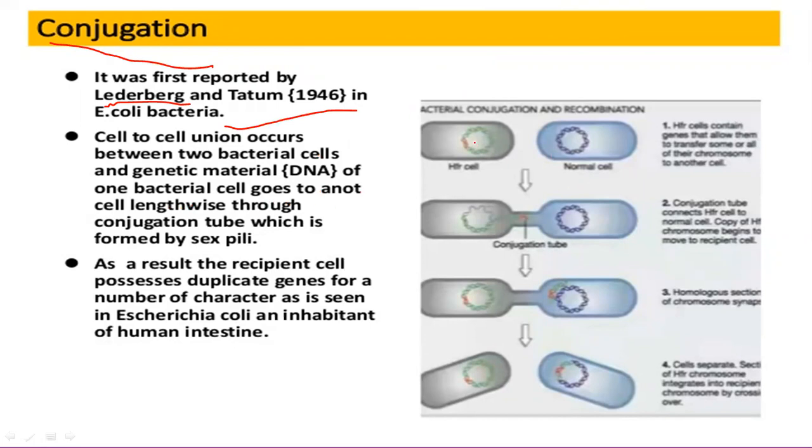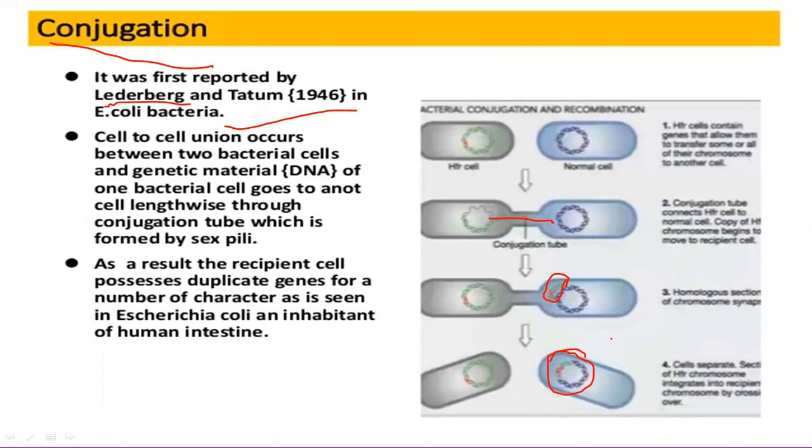You can see here one cell and another normal cell, and the conjugation occurs: a part of the cell moves from here and is incorporated into this cell. Now the DNA has changed, and its genetic information is different from the previous one.